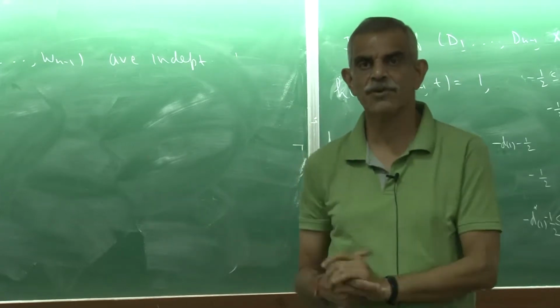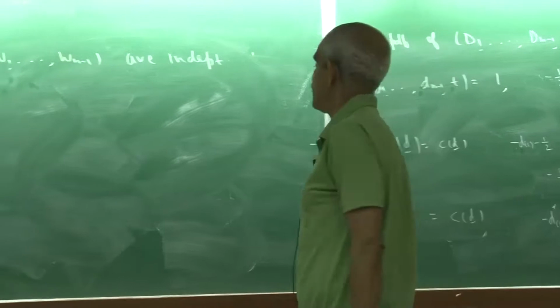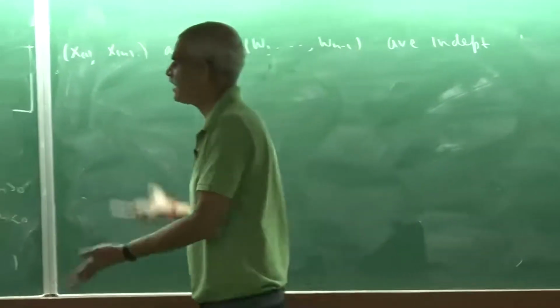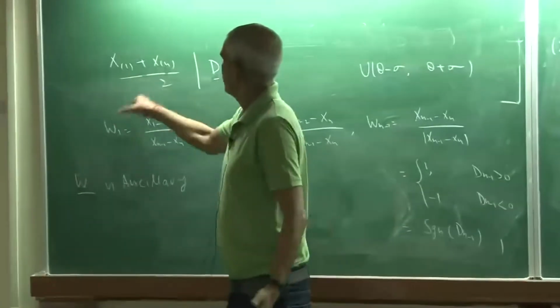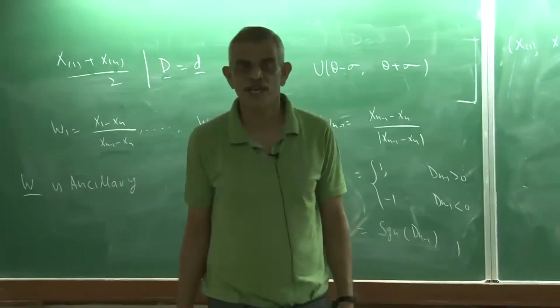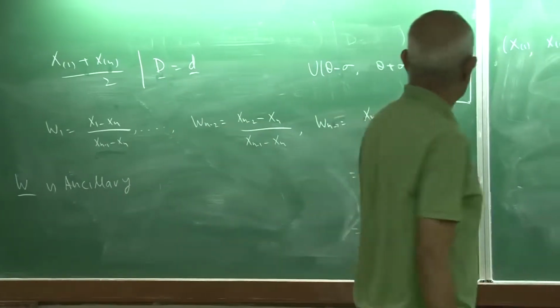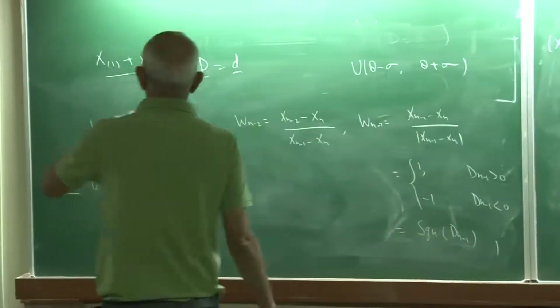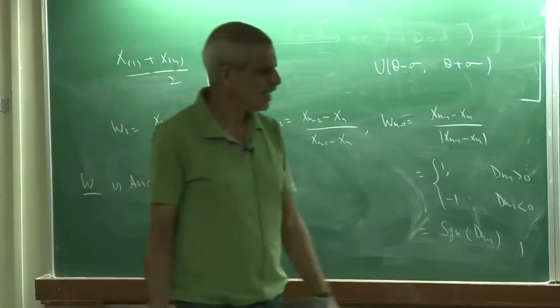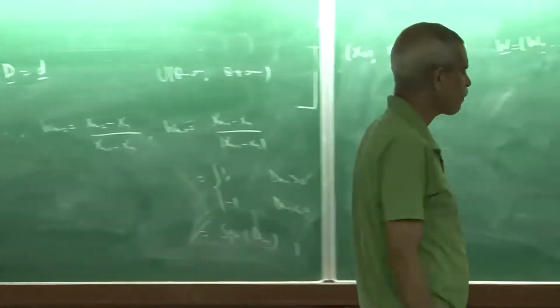So try to explore this. If that is the case, then that conditional expectation which you are talking about, I don't have to deal with it. I can write that the minimizing thing would be exactly the expected value at theta equal to 0 of x1 plus xn by 2, which will turn out to be 0.